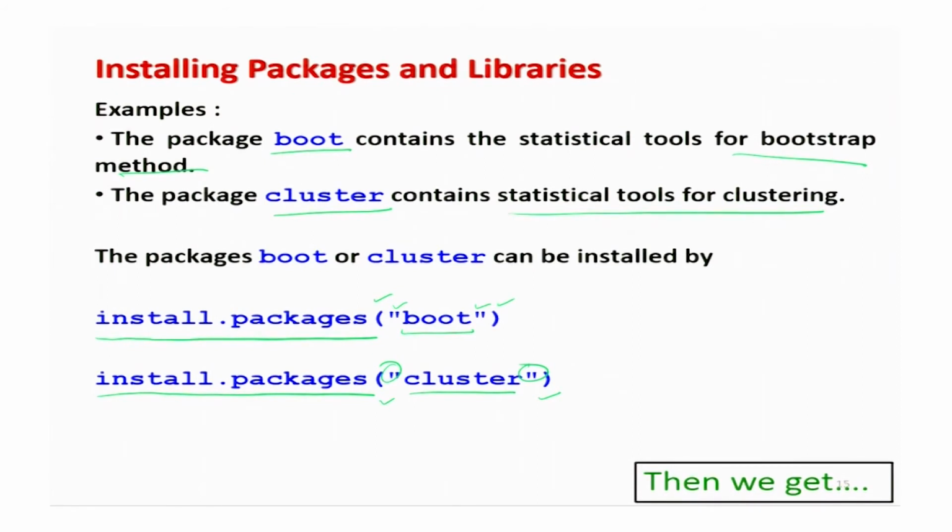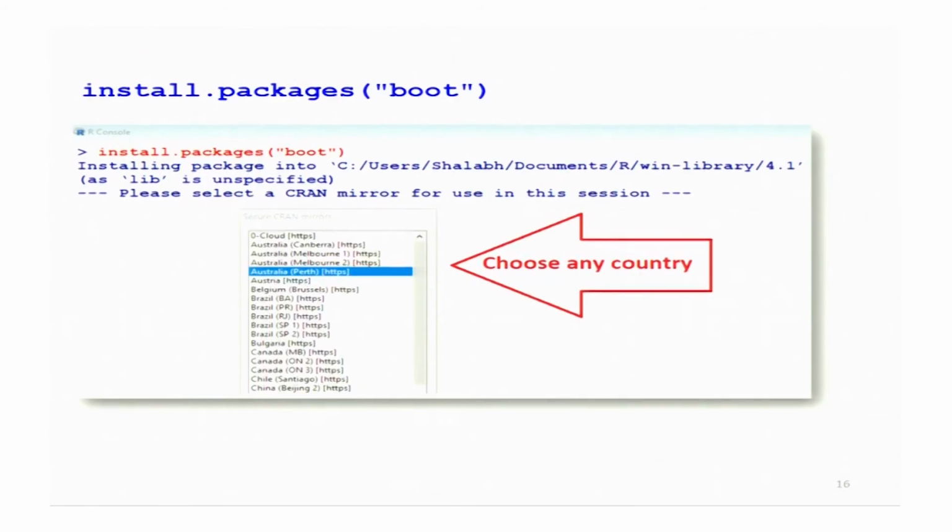Suppose I take the example of boot. Now you can see that as soon as I type install.packages and then boot on the command line in the R software, something will be executed, and it will be like this: please select a CRAN mirror for use in this session.